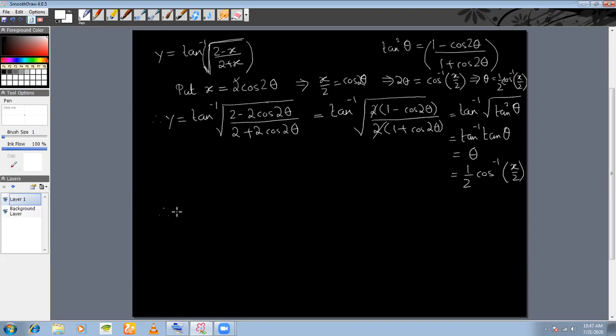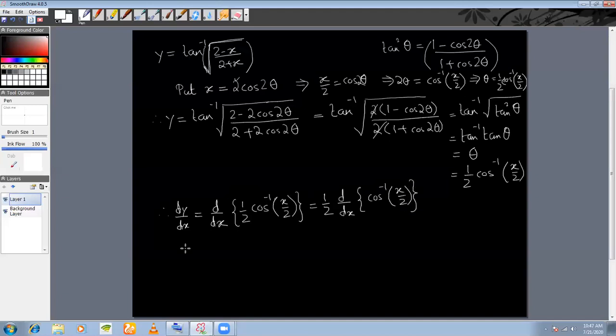So therefore, what is dy dx? dy dx is d dx of half cos inverse x by 2. Half you take out of the differentiation, half d dx of cos inverse x by 2.